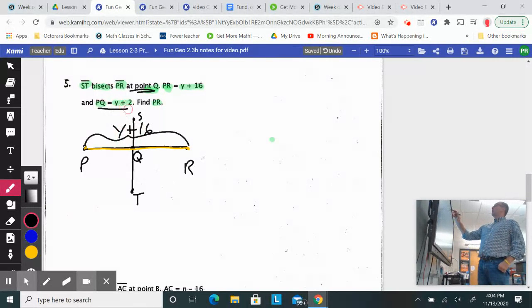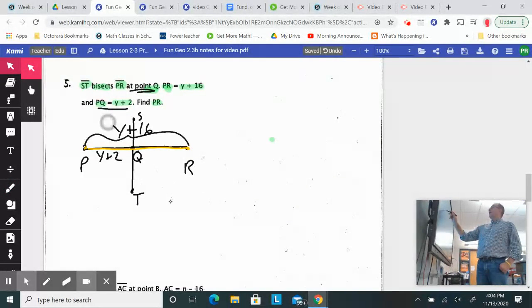And from P to Q is just Y plus 2. We're going to figure out the distance of P to R by finding the variable Y. If we could find Y, we would just add it right here to this Y and add it to 16, and we'd have our answer. So we need an equation to set up.